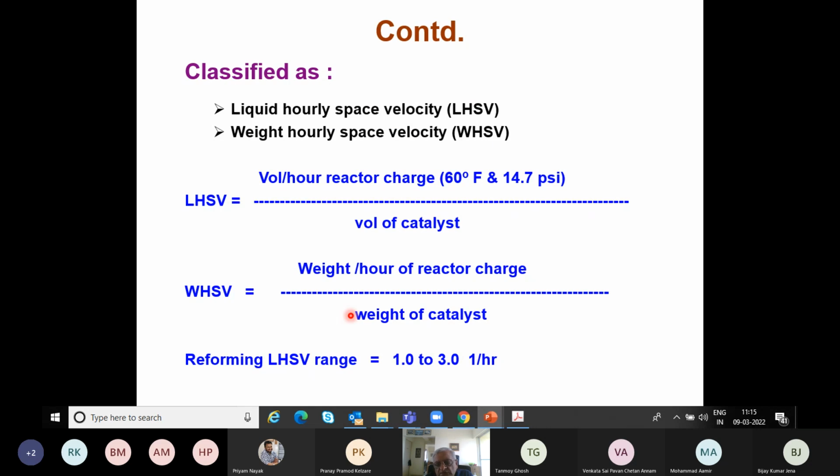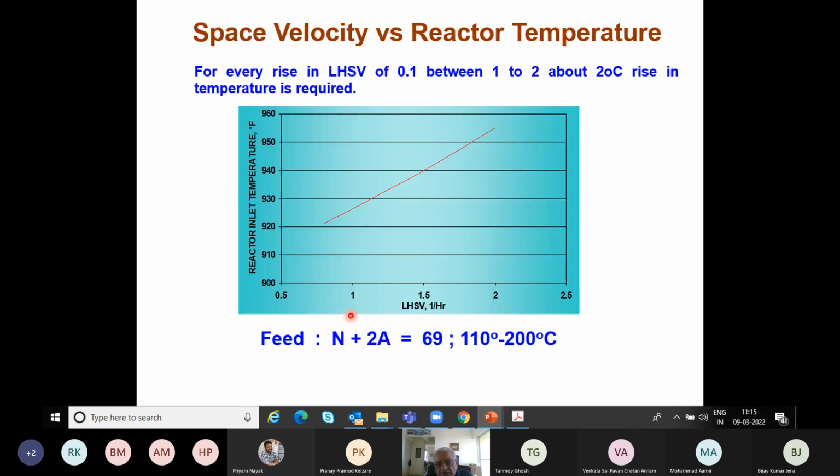And typically we operate in the 1 to 3 range depending upon the temperature at which you operate. So basically, if you go up on throughput in any reforming unit, the operator has to increase the temperature also to compensate for the lower residence time or a higher LHSV.